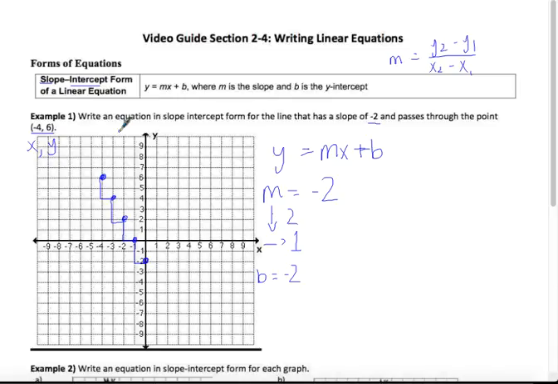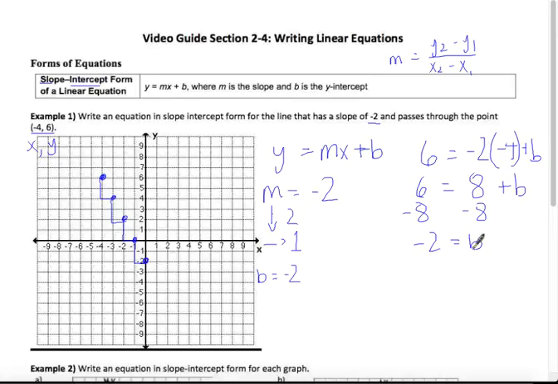So we substitute 6 for y, and we substitute -4 for x, and we know that the slope is -2. And again, we're pretending we don't know what b is for a second. And I can solve this equation for b. So 6 equals -2 times -4 is 8, plus b, subtract 8, and we get -2 equals b.